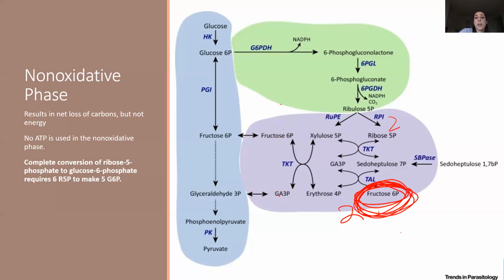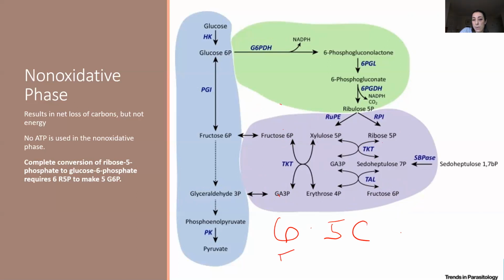So in total, when talking about this process, as I just detailed, we usually think of this non-oxidative phase as taking 6 5-carbon long molecules to make 5 6-carbon long molecules, ultimately. So again, we're going to take 4 xyloses and 2 riboses in total.